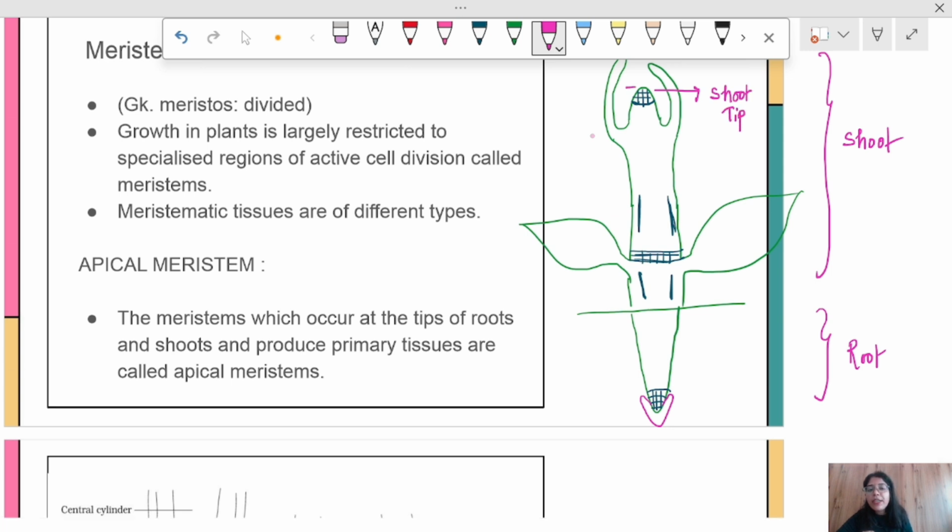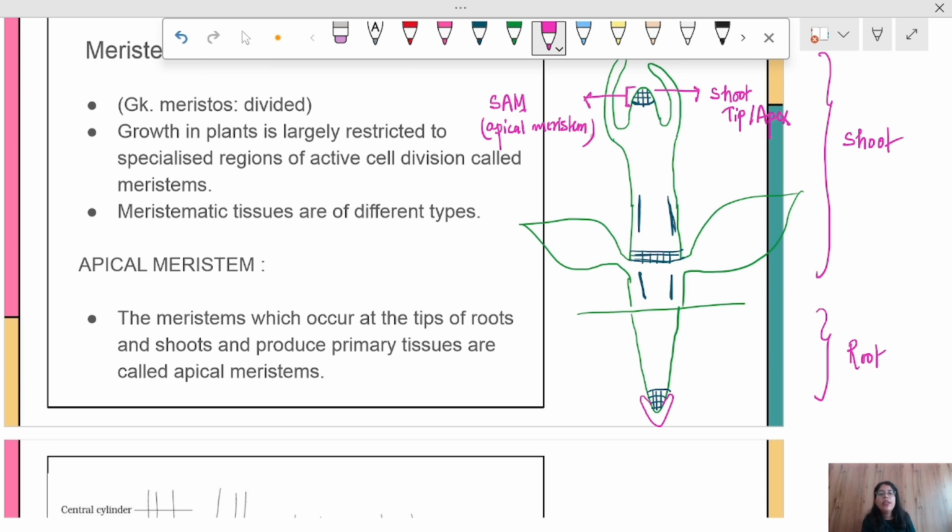At the shoot tip, can you see some dividing cells? These are called shoot apical meristem. This is the first type of apical meristem based on position. This shoot tip is also known as the shoot apex. The dividing cells which are present at the tip of the shoot are called shoot apical meristem.